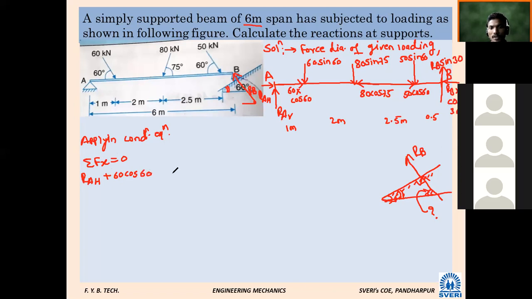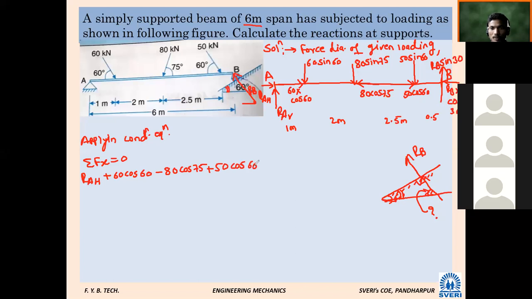Next force is 80 cos 75 going towards left hand side. Plus or minus? Minus 80 cos 75. 50 cos 60 going towards right hand side, plus 50 cos 60.